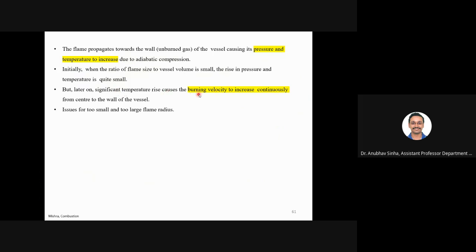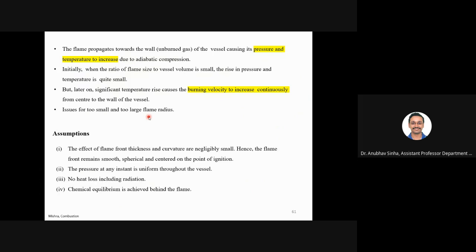But later on, it keeps on increasing, and then the burning velocity also changes. So for very large flames, it is not accurate to take flame speed measurement using spherical bomb. And as I mentioned, it is not a good idea to take too small or too large flame radius. So in between, we define some range where it will be somewhat accurate.